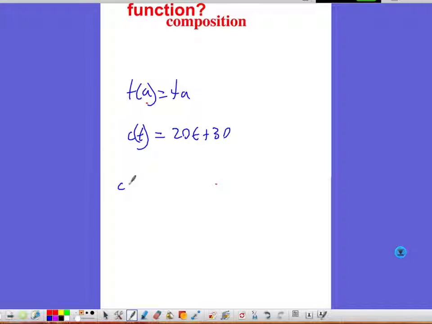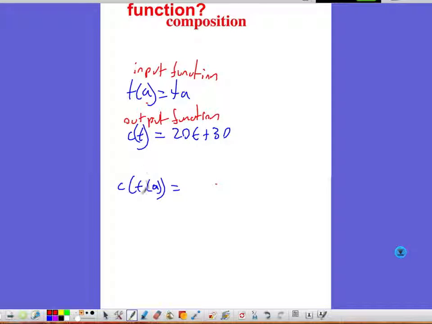And we have the composite function C of T of A. Again, since we have T of A inside the parentheses, this is my input function, and C of T is my output function.